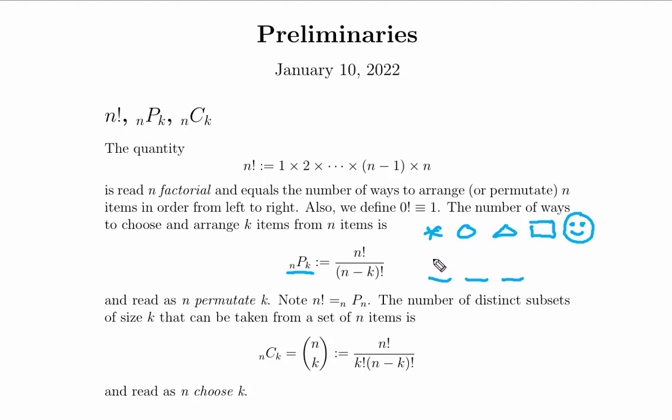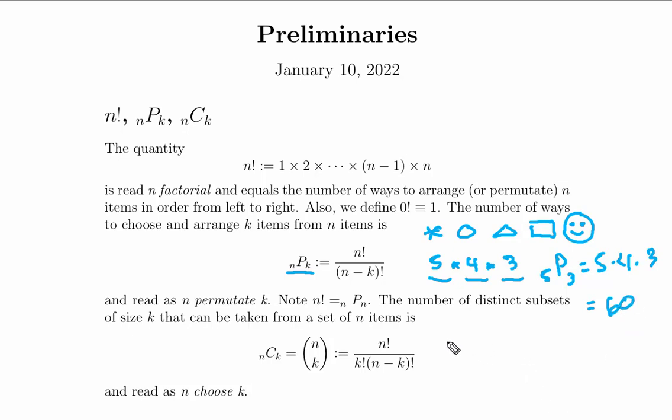Well, there are 5 different ways to choose the first one, right? And then once that's done, there are only 4 remaining ways to choose the next one, and then 3 remaining ways to choose the next. So it should be the case that 5 permutate 3 is 5 times 4 times 3, which is 60.